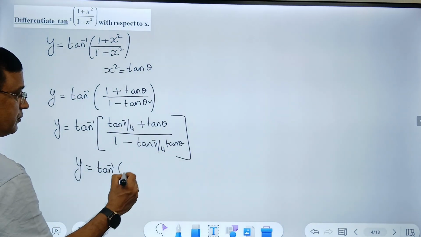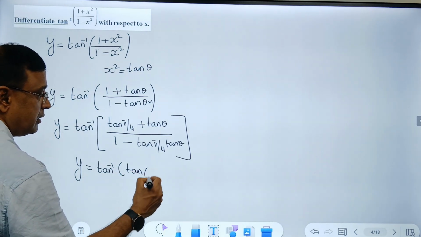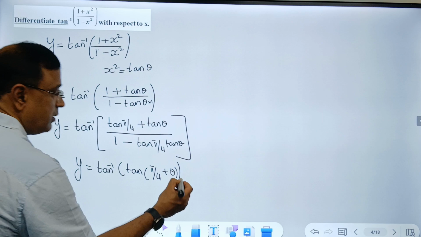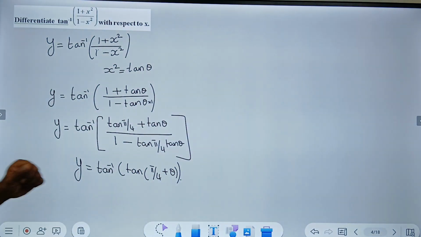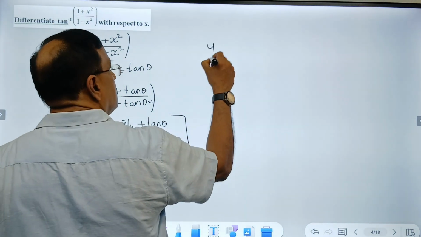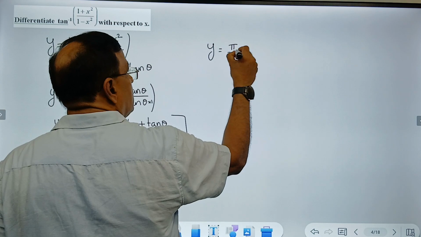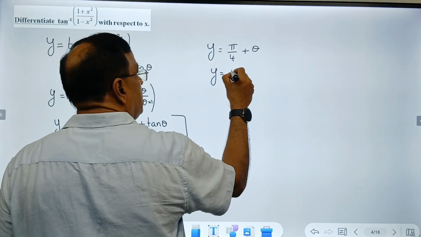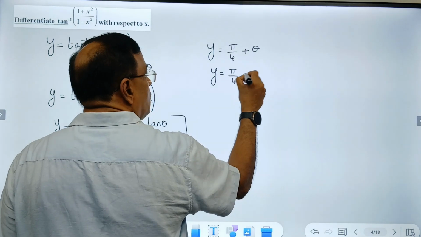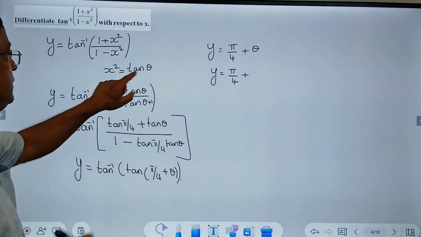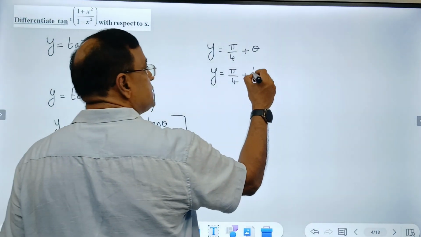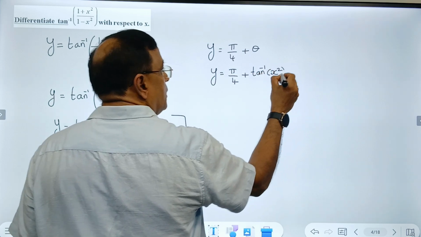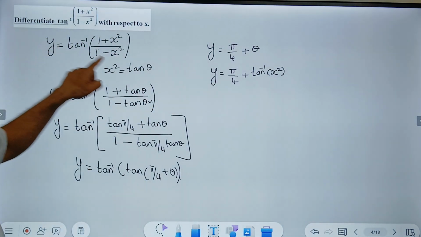It is tan inverse of tan A plus B. Now what is tan inverse of tan pi by 4 plus theta by 2? It is pi by 4 plus theta, which is pi by 4 plus, what is theta in terms of tan? Theta in terms of tan is tan inverse of x square. So I have reduced this to the simplest form.